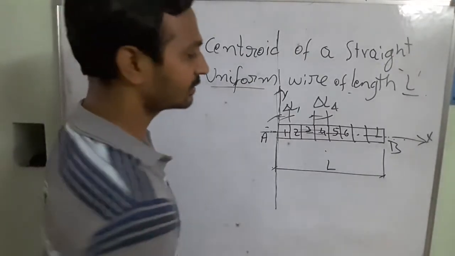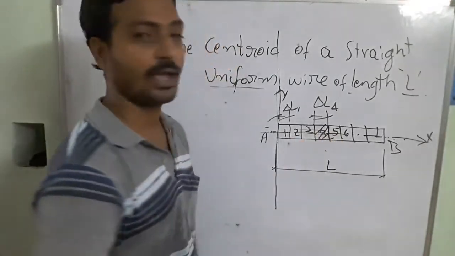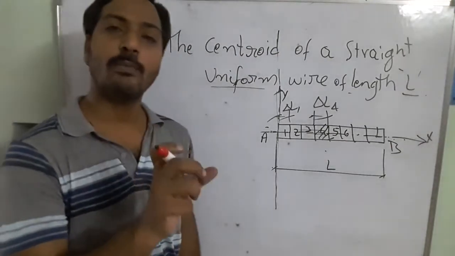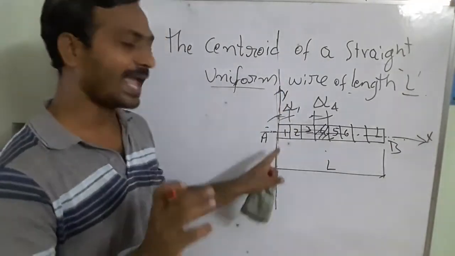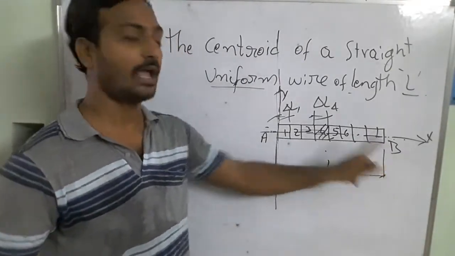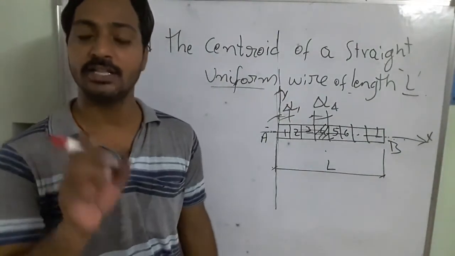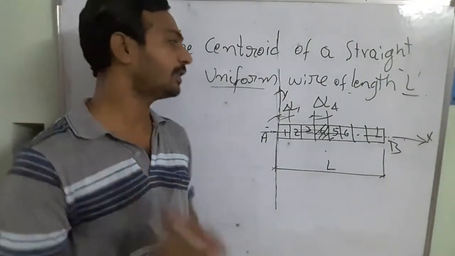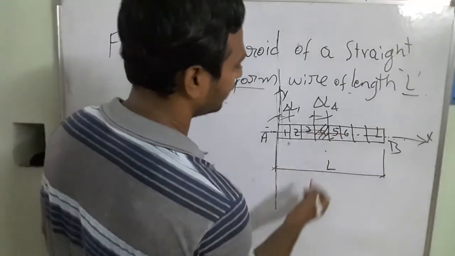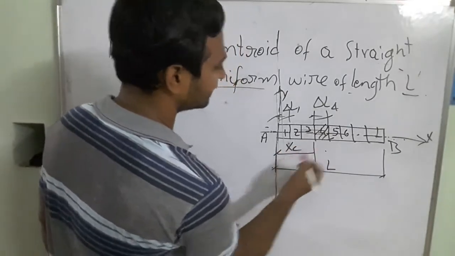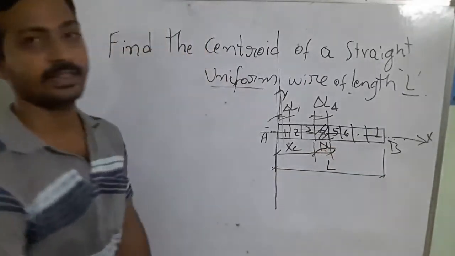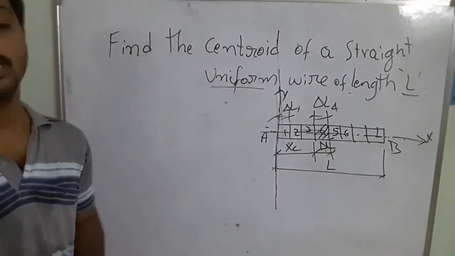Assume this is one of the segments. The moment of the resultant of the forces with respect to one axis is equal to the sum of the moments of the individual components about the same reference axis. So we take the centroid at a distance xc, and this is del L alpha in that case. So we need to find the centroid for this part.